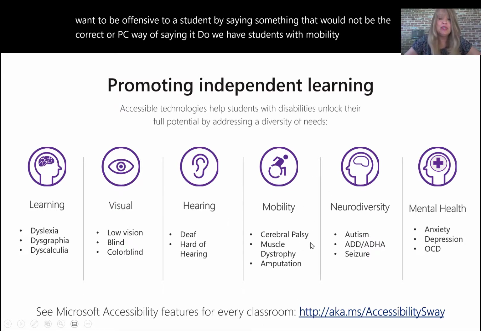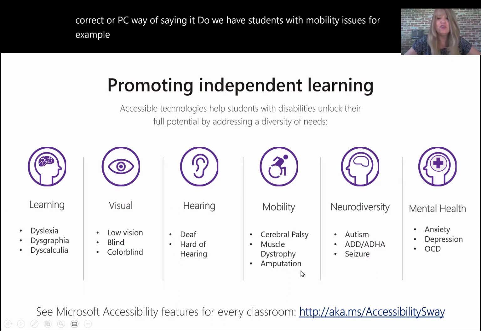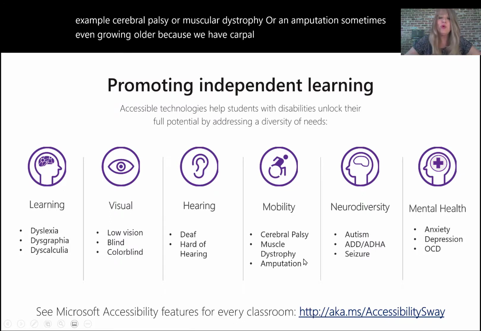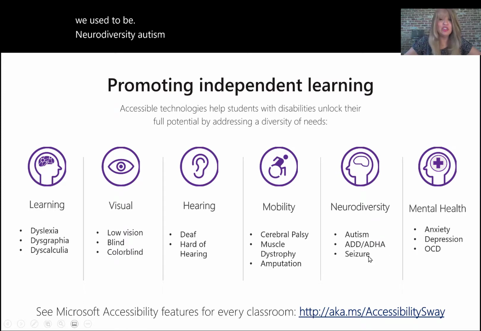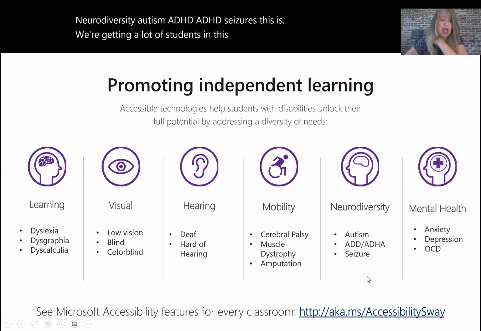For example, cerebral palsy or muscular dystrophy or an amputation. Sometimes even growing older because we have carpal tunnel syndrome or we're not as quick as we used to be. Neurodiversity, autism, ADD, ADHD, seizures. We're getting a lot of students in this area and we really need to have the right modalities to help them.